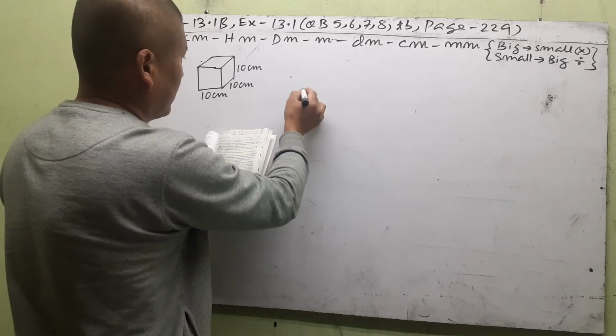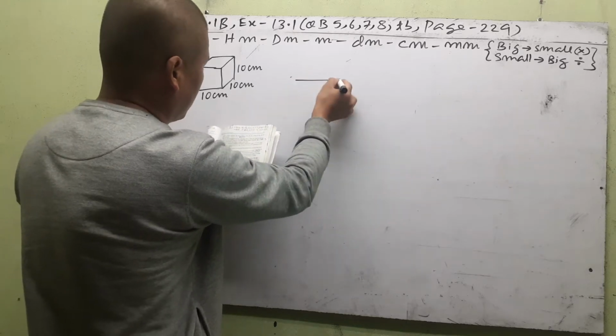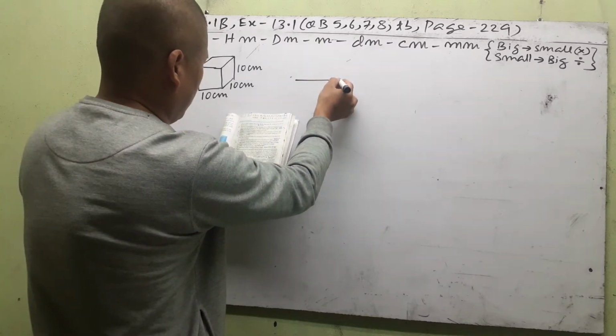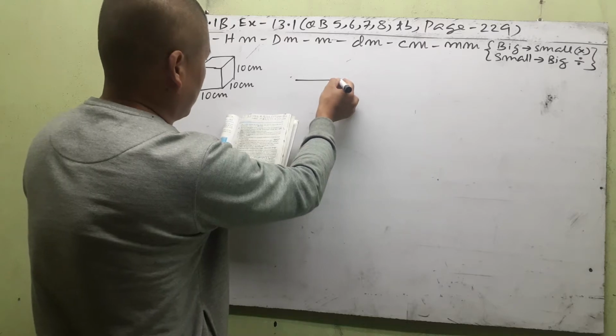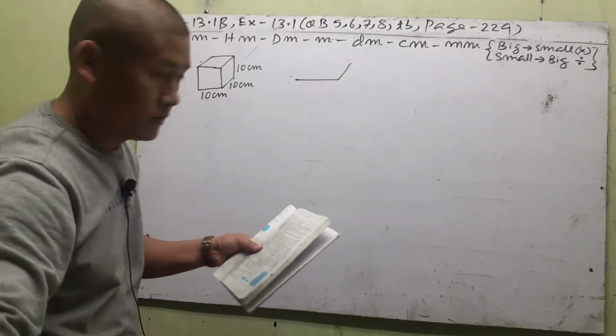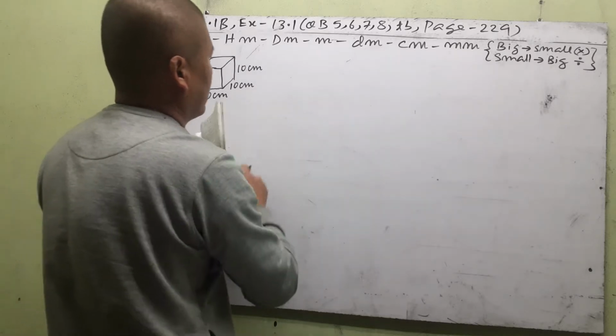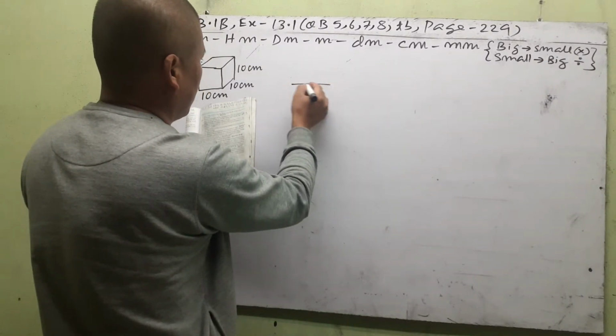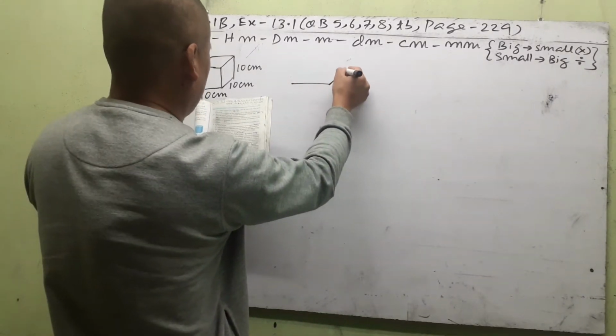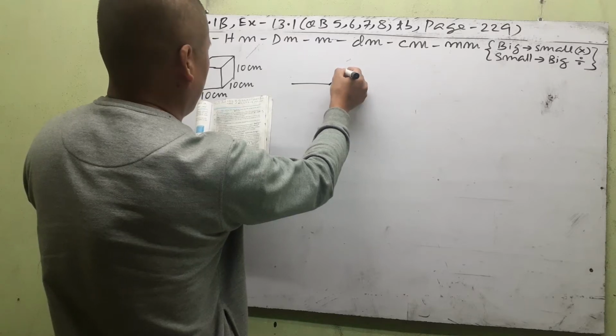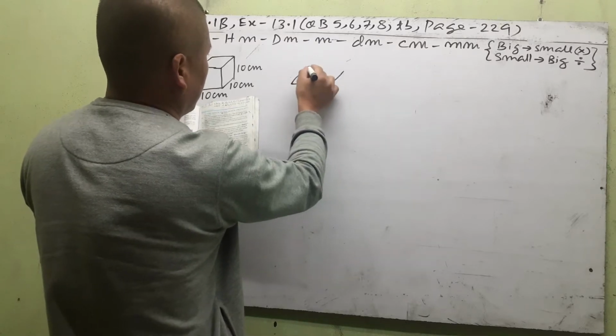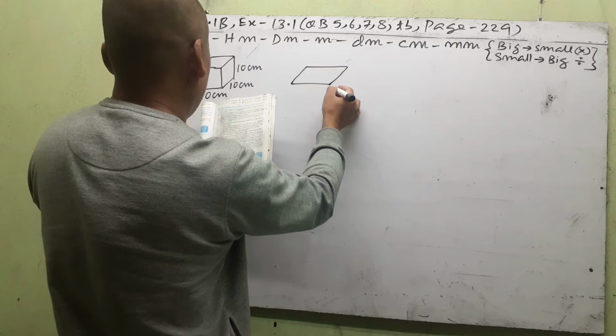So 12.5 centimeter long, 10 centimeter wide, and then height is 8 centimeters.